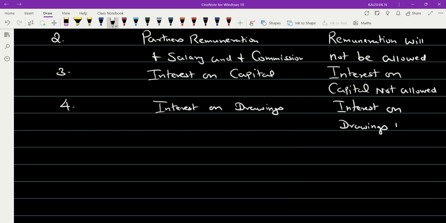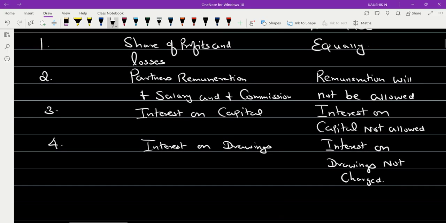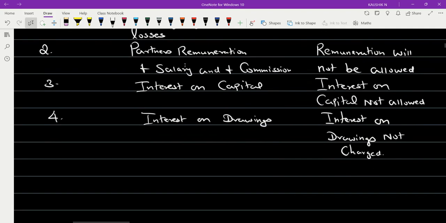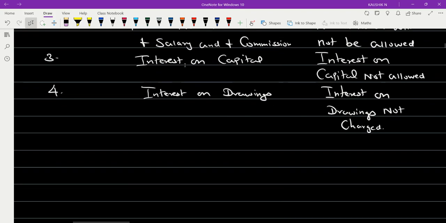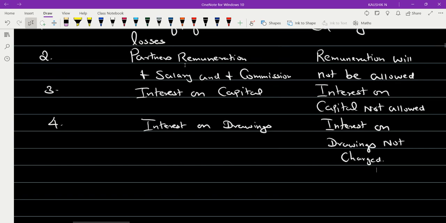Any doubt so far? In case of profit sharing ratio, it will be equally. The other three items, whatever we discussed so far, that is partners' remuneration, partners' interest on capital, and interest on drawings, will not be allowed, will not be charged.